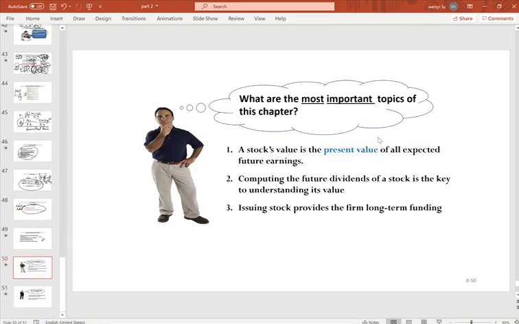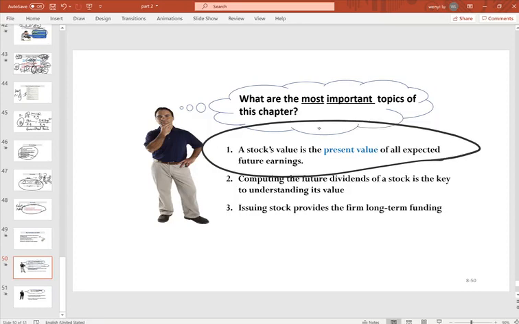So what are the most important topics in this chapter? First, how to solve for the stock price. And if you want to use these formulas, you need the future dividends of the stock. That's very important to solve for P0.